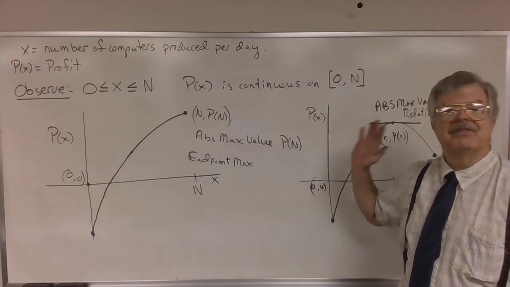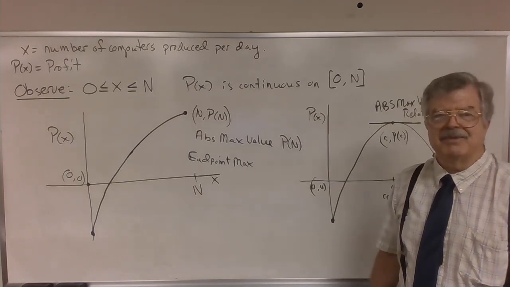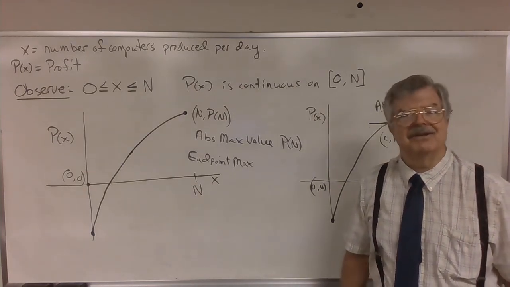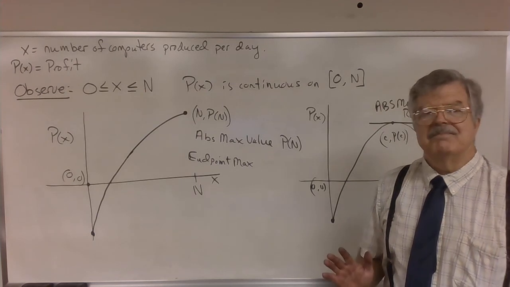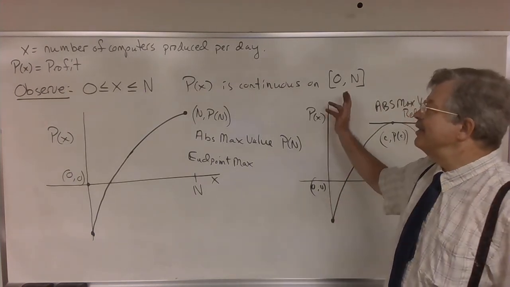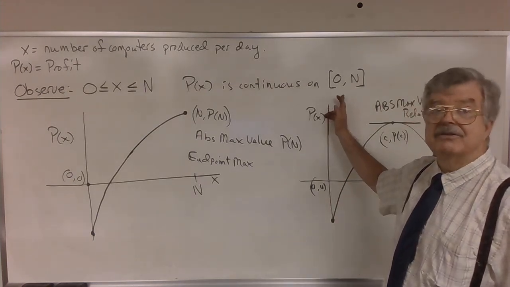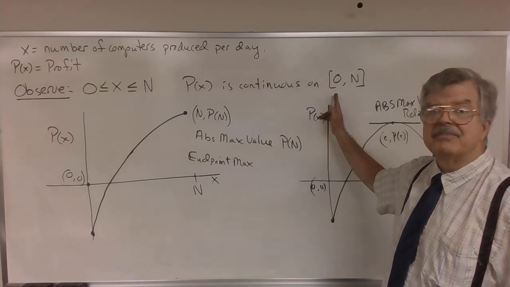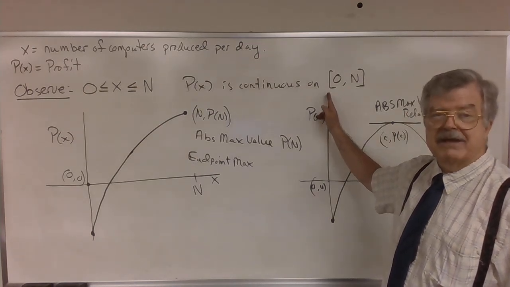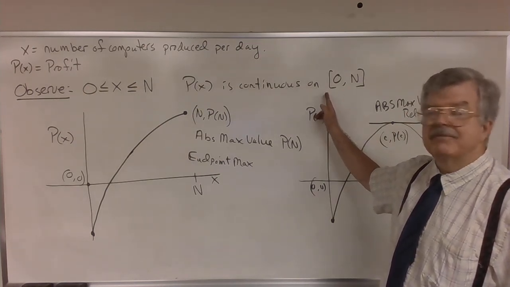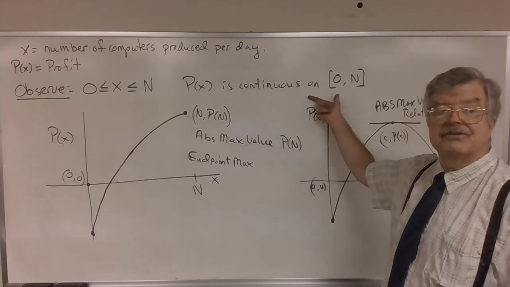And this is something that completely escaped me when I was a student taking calculus. But now that I've told you, hopefully you can appreciate why it is that we want to get very adept at finding absolute maximum values and absolute minimum values under these circumstances.